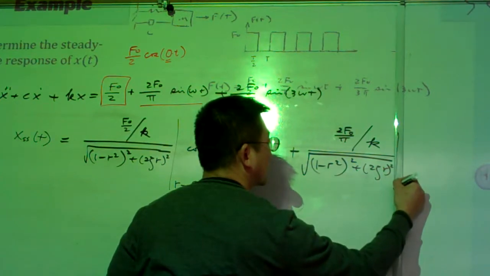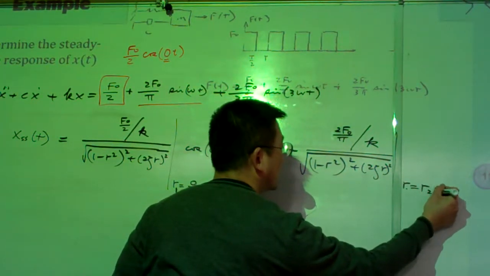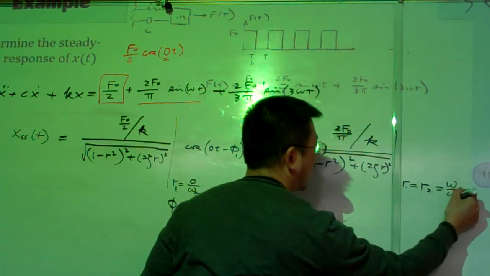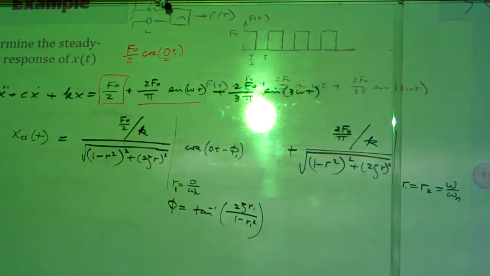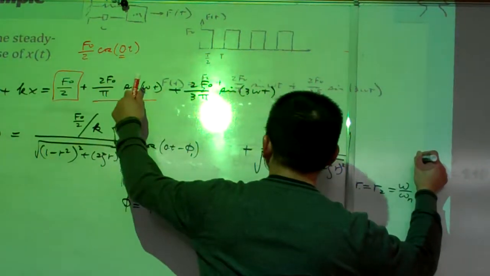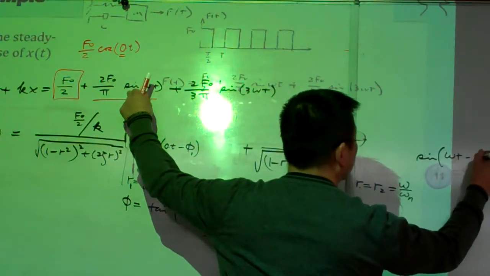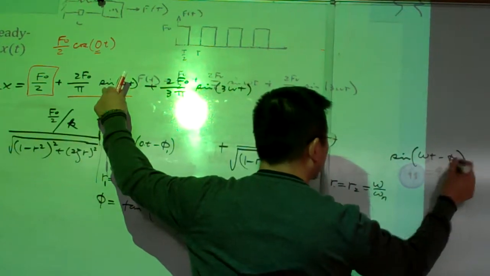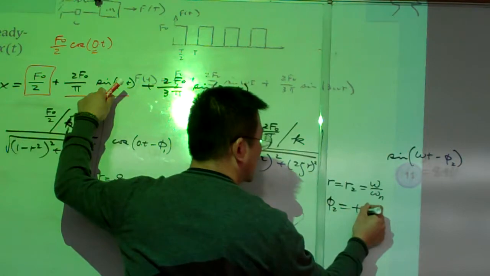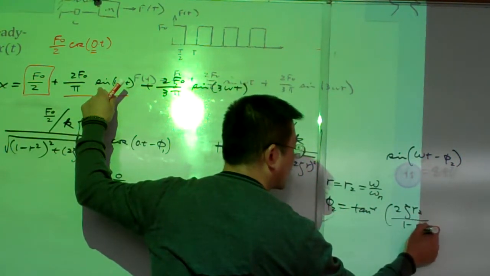For this case, R equals R2, which is the frequency omega divided by omega n. The term is times sine of omega t minus phi 2, where phi 2 equals arctangent of 2 zeta R2 over 1 minus R2 squared.